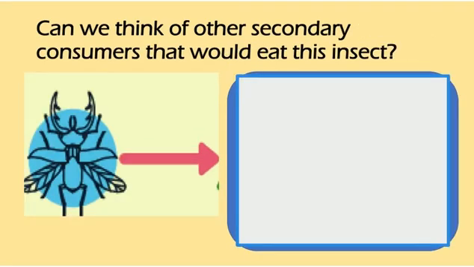Okay, so next task. Can we think of any secondary consumers that would eat this insect? So just make a list of animals you think would eat an insect. So pause the video here, write a little list, and then I'll show you my list and hopefully we have some of the same.